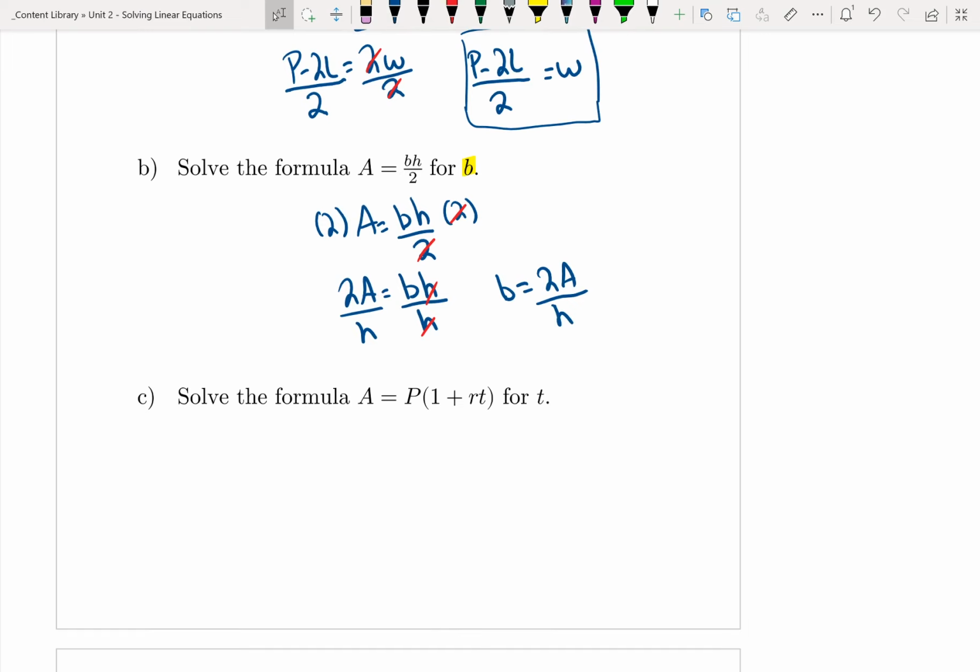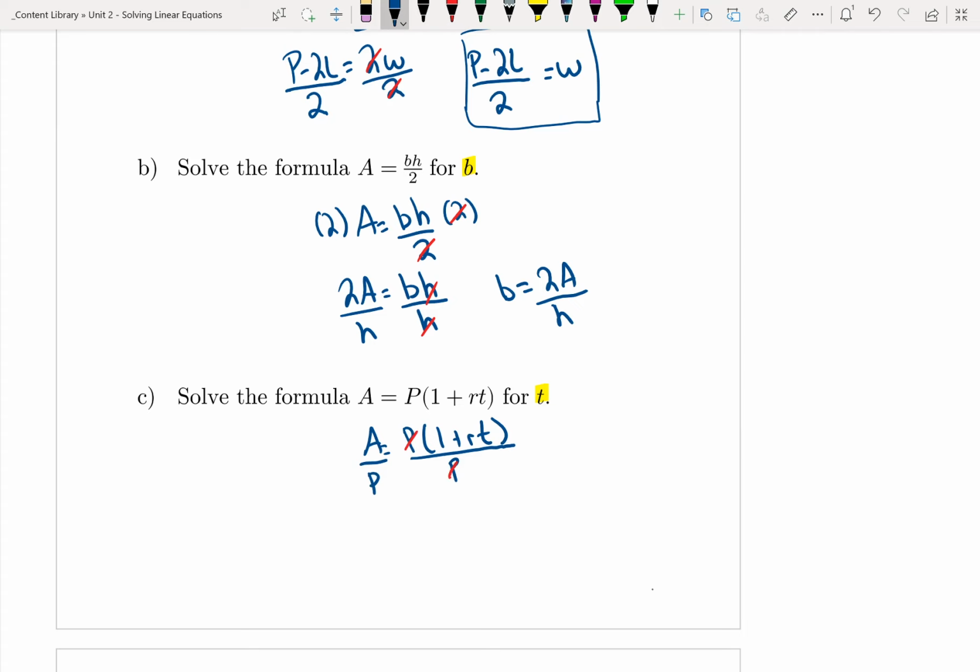For C, this one is going to be a little bit trickier, but we can still work through it in the same way. We're solving for T, so I have A equals P times (1 plus RT). If I want to get rid of multiplying by P first, I need to divide everything by P. I'm going to do the same thing to the other side.